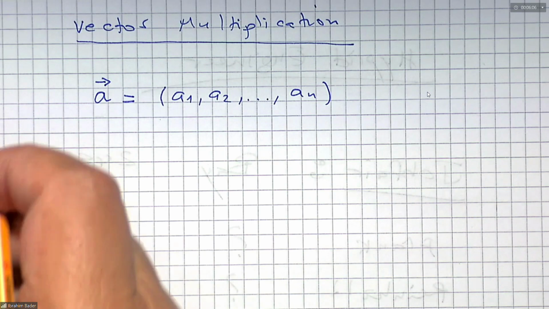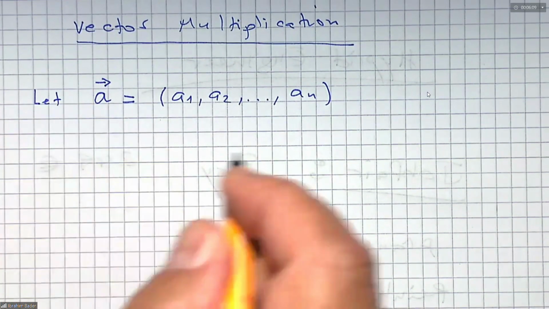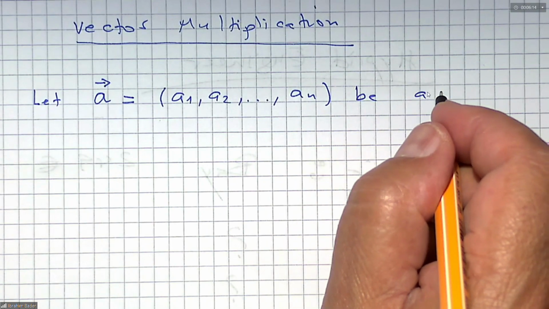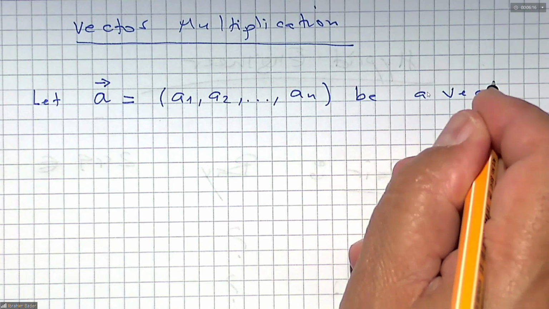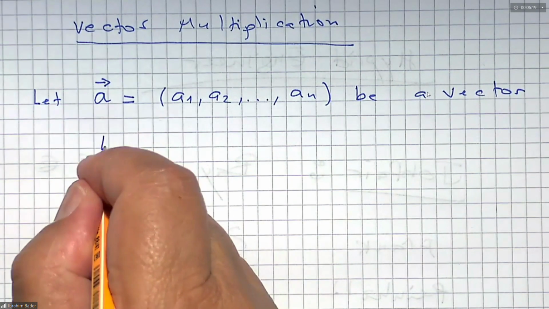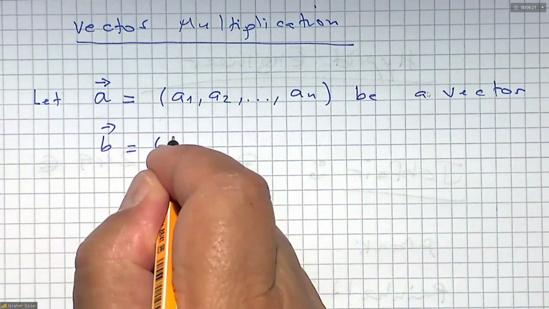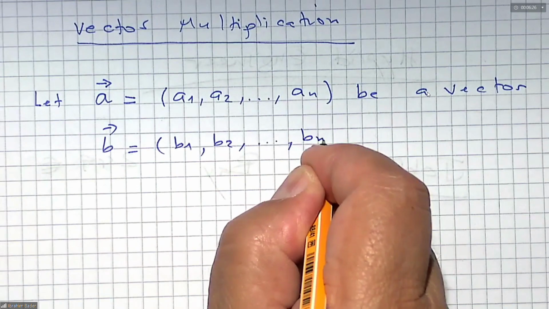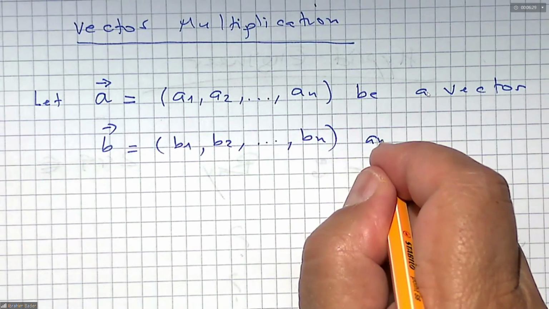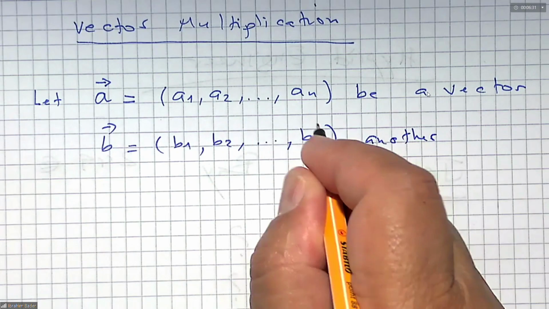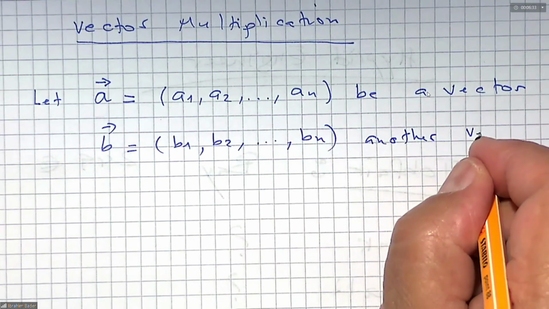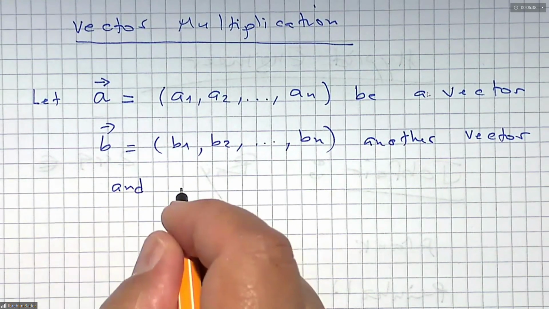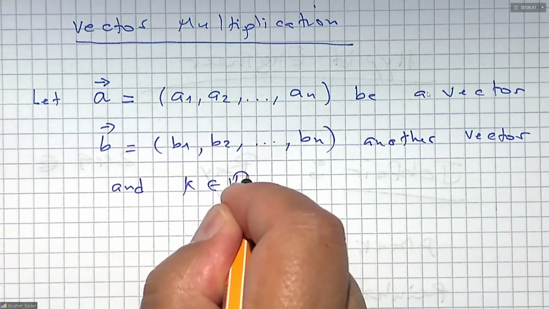Let A be a vector, and let's take another vector B, also a vector of the same dimension, as you see here. This is n, this is n. And let k be a real number, which is a constant.